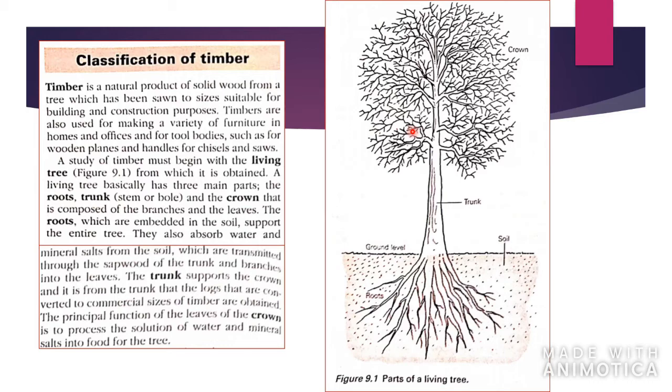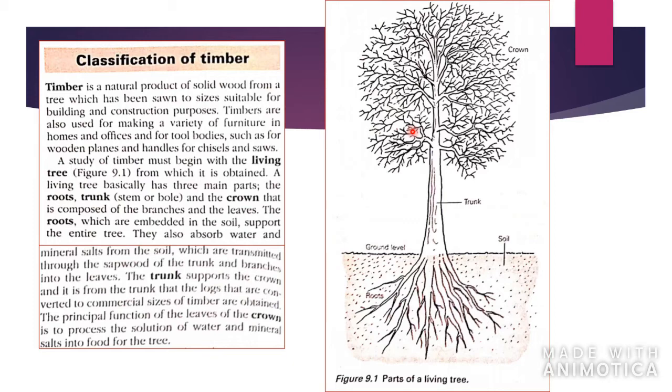So you want something that would support the above area of the tree, and those are the roots. Also, the roots serve as an absorber of water. They absorb the water and the mineral salts from the soil, which are transmitted through the sapwood of the trunk.